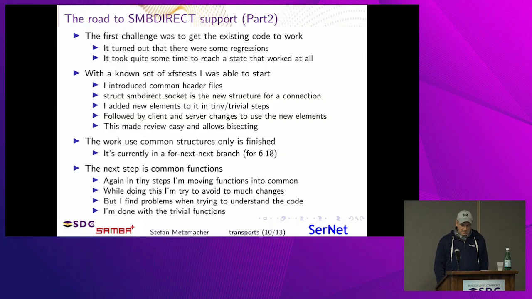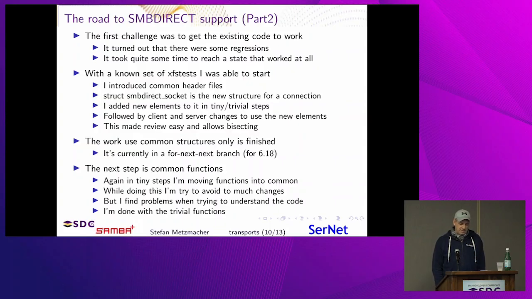And the next step I'm working on currently is to move things into a common area where we have common functions. Basically I copy one function from the client, for example, to the common area, look at the difference for the server code, make sure that both are handled, and then do a few cleanups and reformatting and nice error checking and so on.